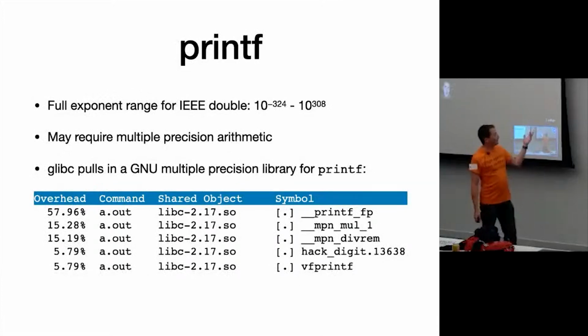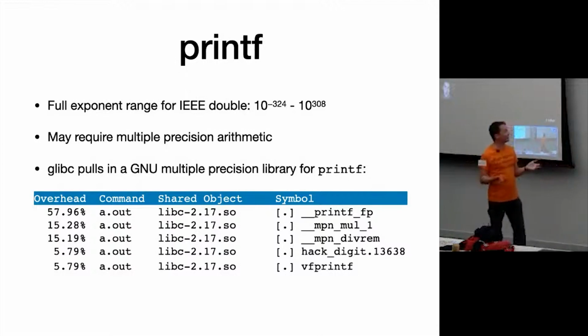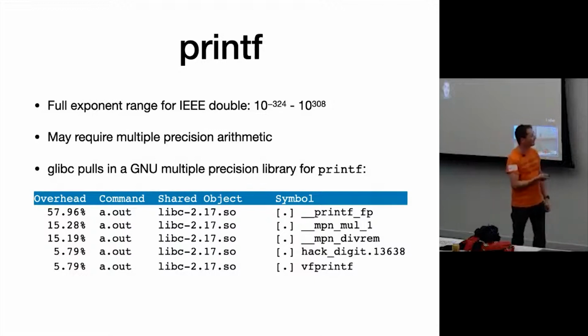Okay, so what does printf do? It actually depends on the implementation. The problem is the range is very big. So in general, as I said, it requires multi-precision arithmetic. Does it actually use multi-precision arithmetic? Let's check. We can profile it, actually call printf with some double and look what's inside, and it actually does.